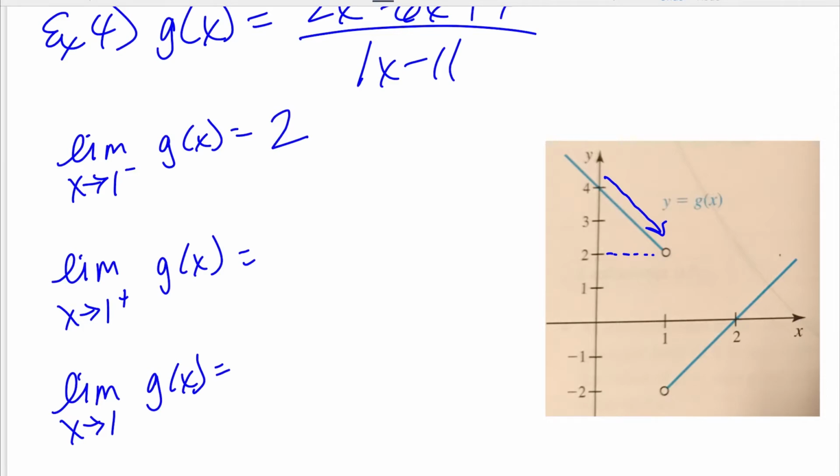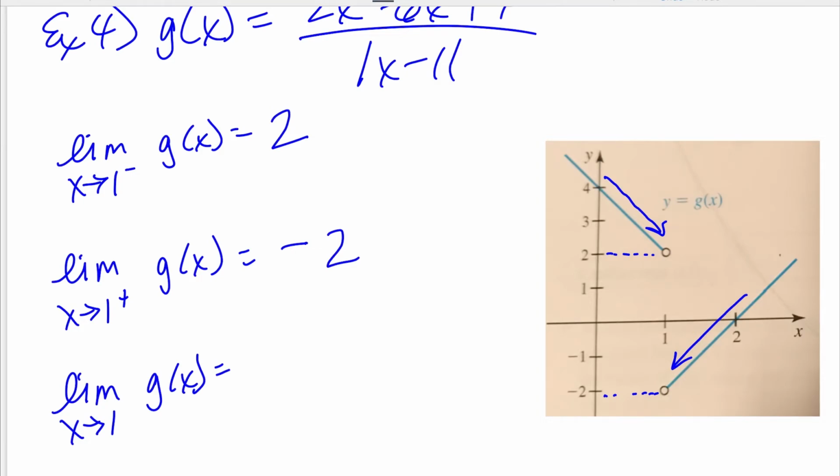If I'm approaching from the right, from the right, what is that value? -2. Do I have an actual limit at 1? No. Right? No, we don't.